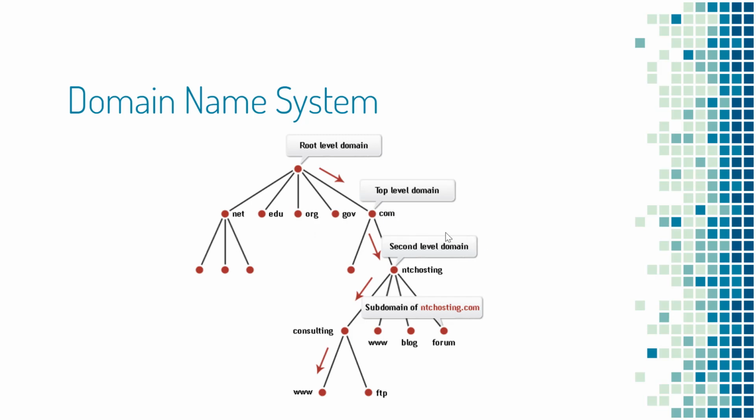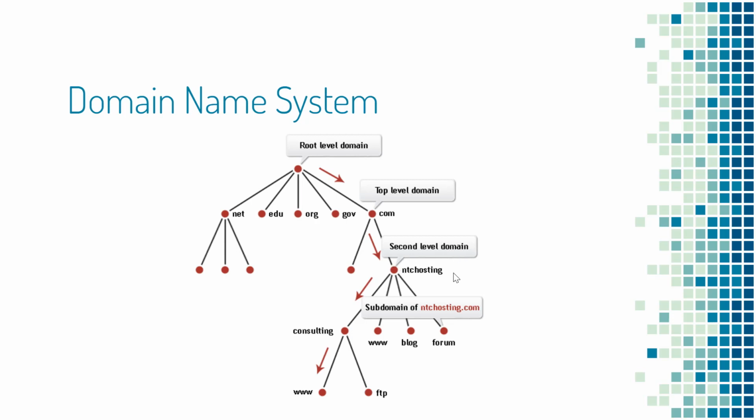After that, we call it the second level domain, which in most cases we call the domain name, or the website name. In our case here, it's called NTC hosting, or let's say UNCC. Okay, so in our example, edu is the top level domain.